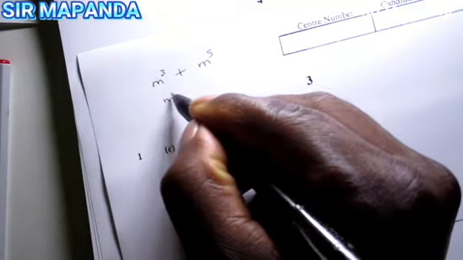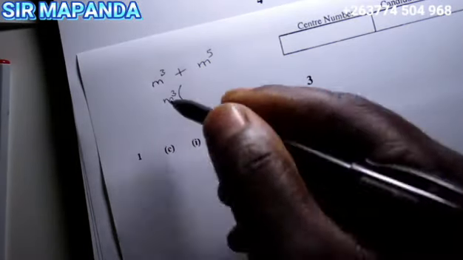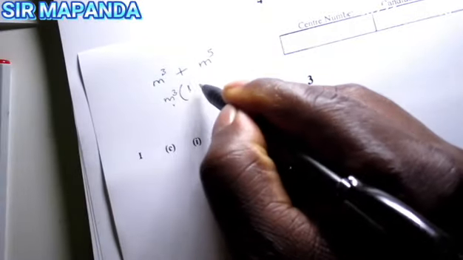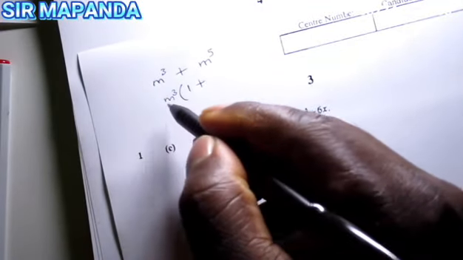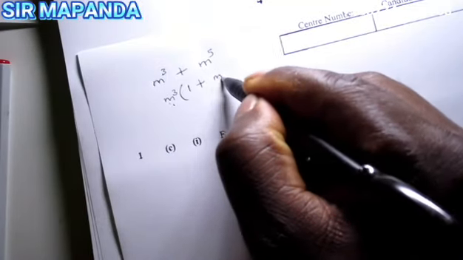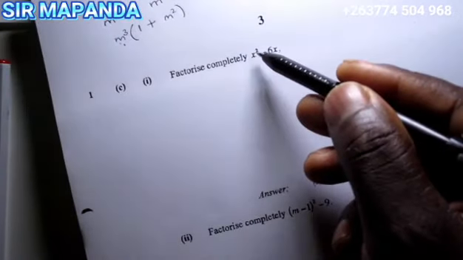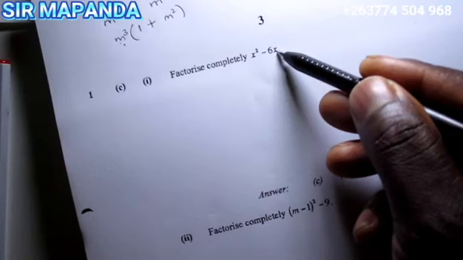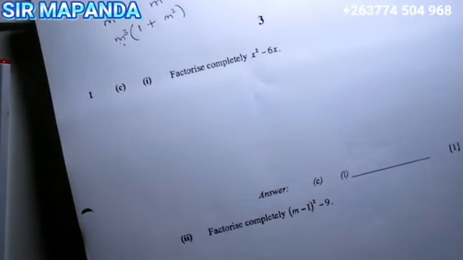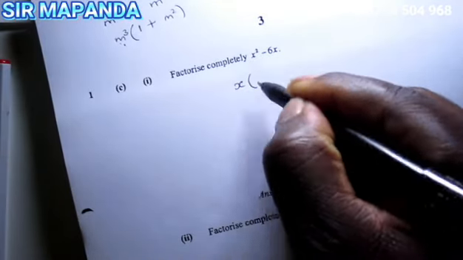In this case, you factor out m cubed, the lowest power, so that m cubed into m cubed you get 1, then m cubed into m to the power 5 you are left with m squared. I hope you are listening. So if we look at x squared and x here, there is a common term in x, but the highest common factor is the x with the smallest power.